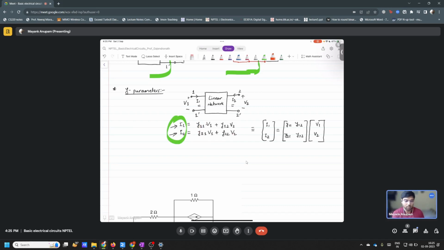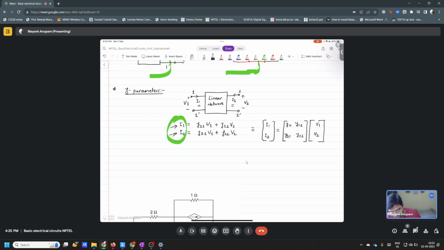The voltage is the one that you are applying, and the response that you are getting is the current. So please keep this in mind. This is very important.